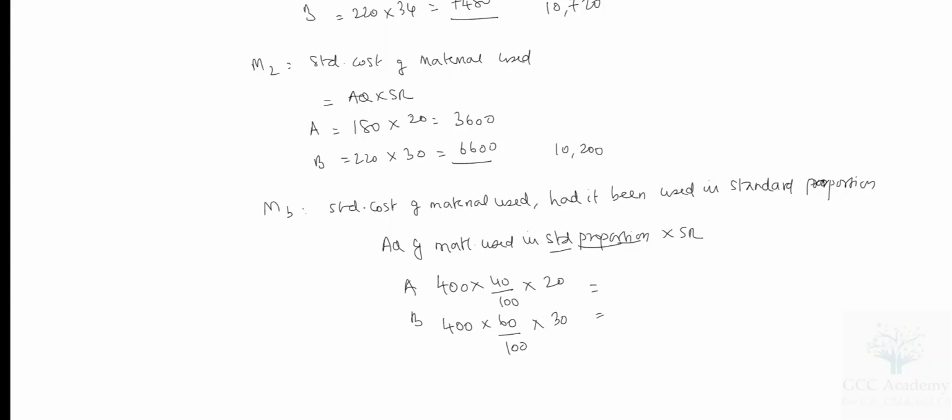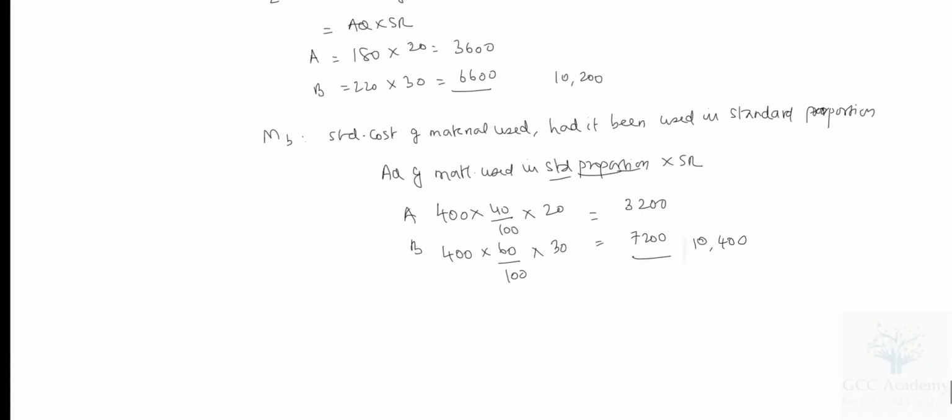So 400 into 40 by 100 into 20 rupees will give you 3,200. 400 into 60 by 100 into 30 will give you 7,200, so total is 10,400. So M3 is 10,400.